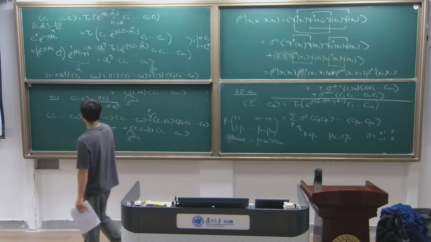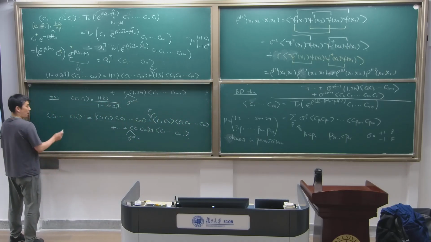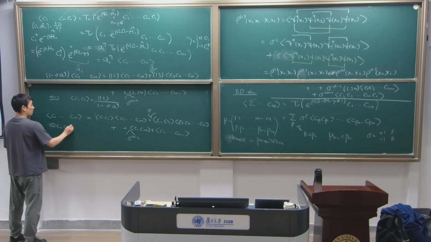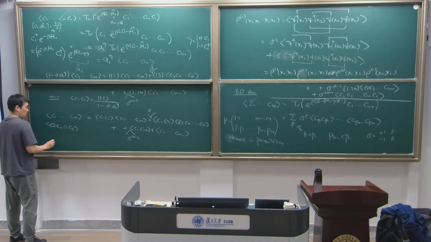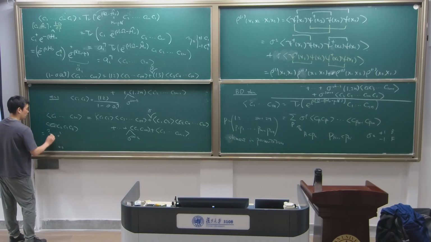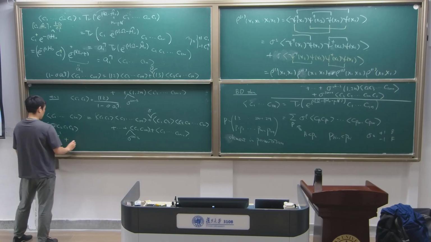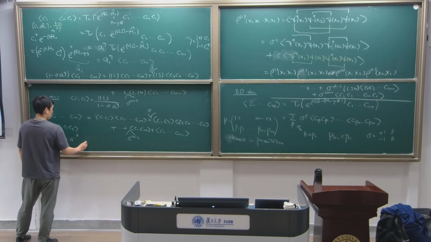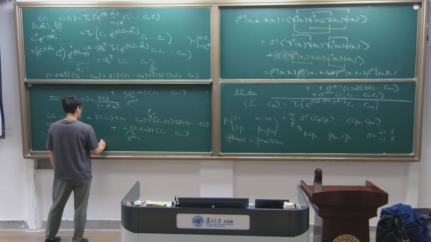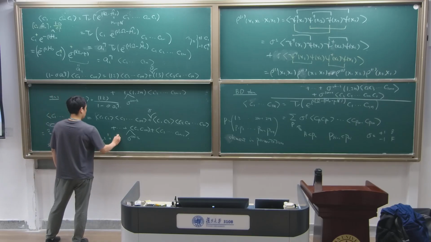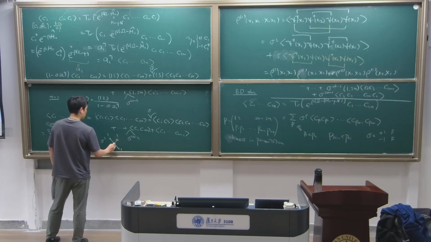And often, with contraction, for instance, if you have the schematic, if you have C1, C2, C3, C4, and you try to compute this one, 1, 2, 3, the contraction is like this way. Plus sigma 1, 2, 3, and 4. And then sigma squared 1, 2, 3, 4 is something like this way.